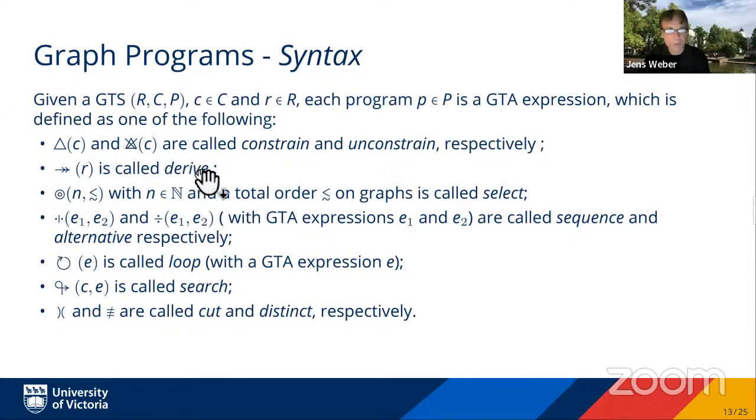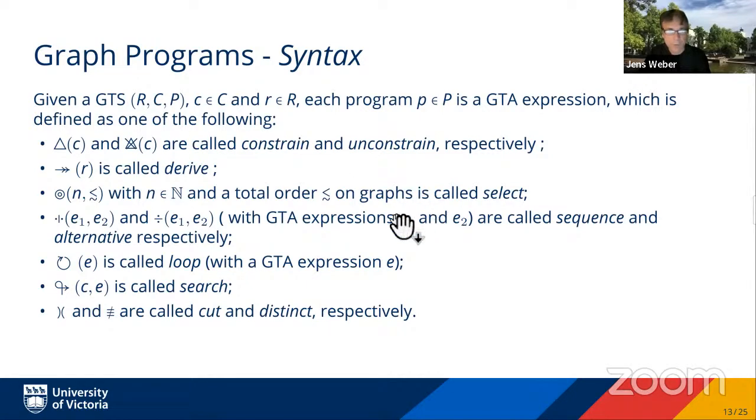We have an operator derive, which ultimately applies a rule to a grape. We have an operator select, which selects a number n of graphs from the last element of a grape according to some total order.